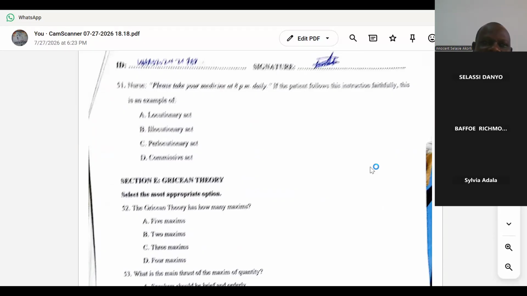That intention is what is referred to as illocutionary. When I say, do they sell food around the place here? Indirectly, I'm saying I'm hungry. You see, that is an illocutionary act. Or in other words, I want to eat something.